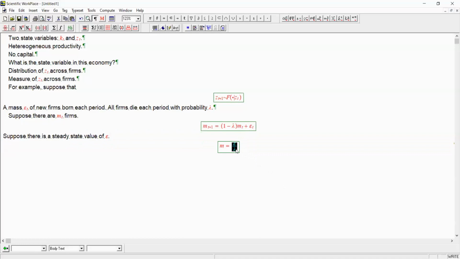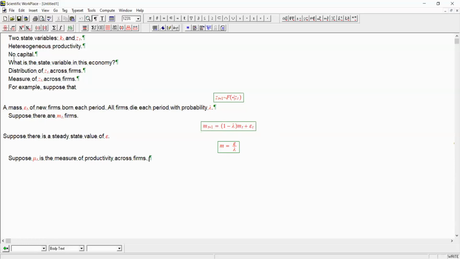And again, there's absolutely no reason why this should equal 1. And that means that if we were tracking the full measure of productivity across firms, the total mass of that is going to converge to this. To be more precise, suppose that mu_t is the measure of productivity across firms.